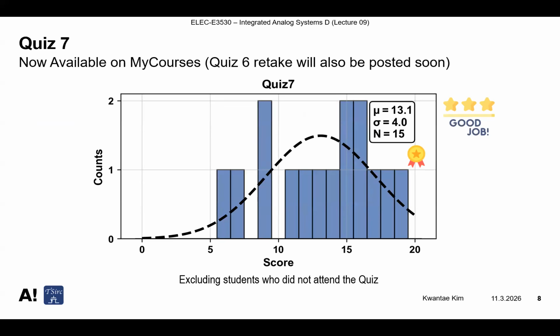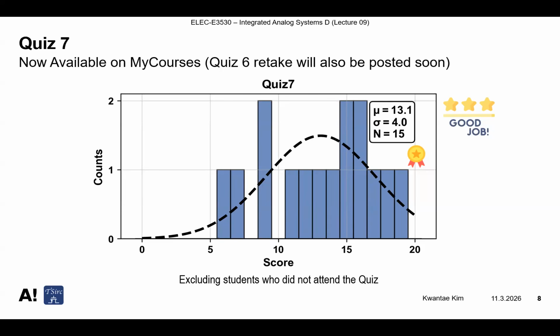This is the score of quiz 7. It is available in my courses. The quiz 6 retake score is a bit delayed, but it will be posted very soon, hopefully this week. This score excludes students who did not attend quiz 7 at all. We can see that the average score is pretty high, like 13.1.